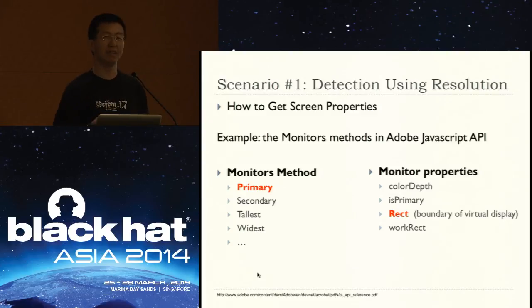You might think that for Adobe, you only need to know the current window, the application size. But it turns out this API allows you to get all the possible displays, the resolutions behind. There's this monitor method, for example, with which you can get the primary display, which is supposedly the host desktop resolution.